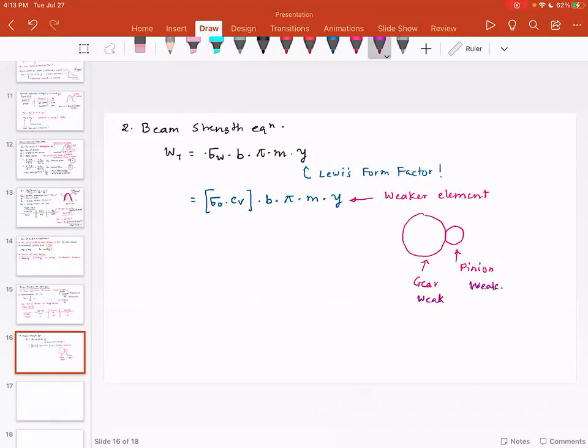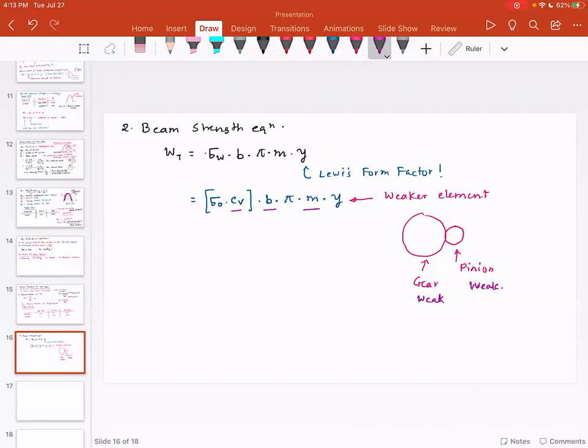And how do we know that? Please understand, for both the gears, the value of the face width is going to be the same. Value of module is going to be the same. Value of CV is going to be the same.